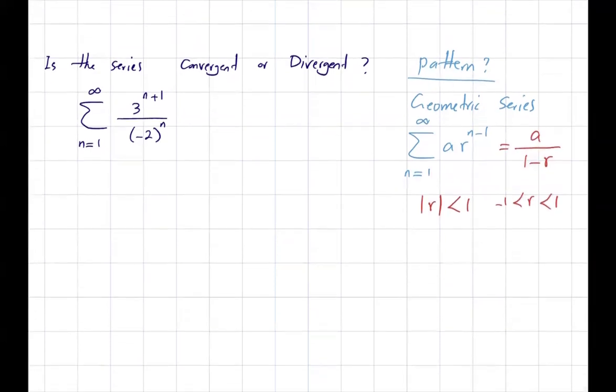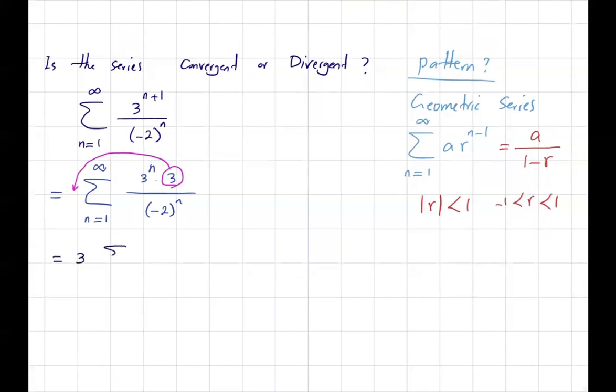This can be written as the summation of 3 to power n times 3 divided by -2 to power n, starting from 1 and going to infinity. We can write 3 in front of the sum. As I showed you before, this is equal to 3 times the summation of 3 to power n divided by -2 to power n, from 1 to infinity.